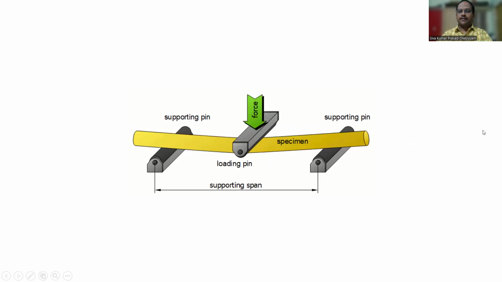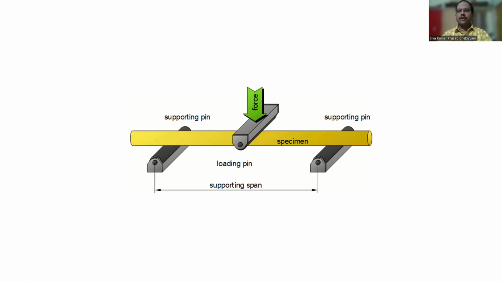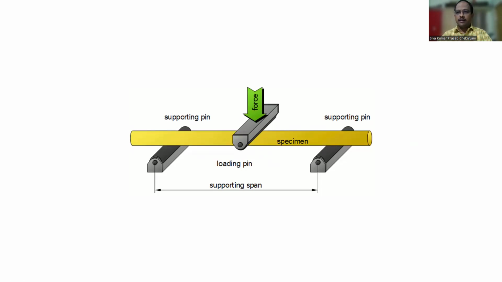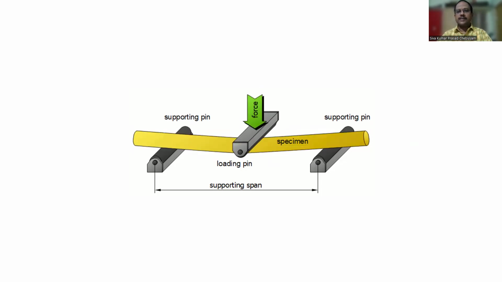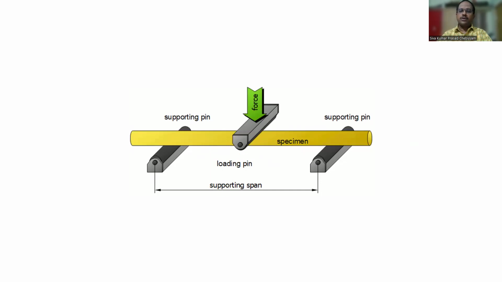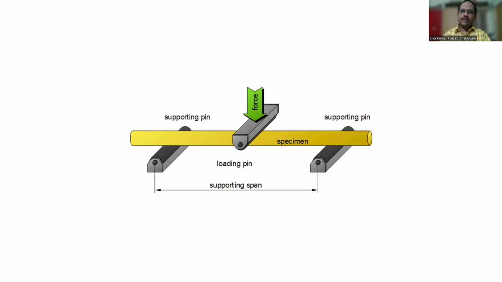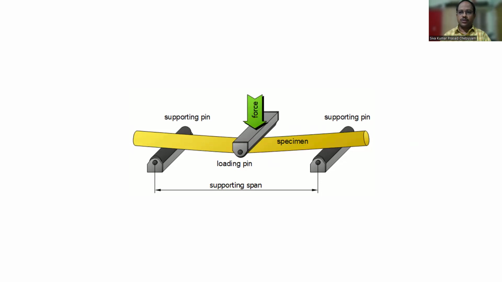Actually, an axis that is passing through the center of gravity of the cross section along the length is called a longitudinal axis. And if the loads are acting perpendicular to the longitudinal axis, then we call such loads transverse loads.